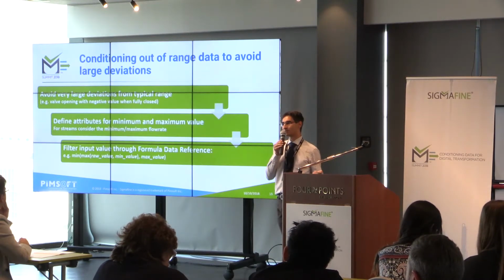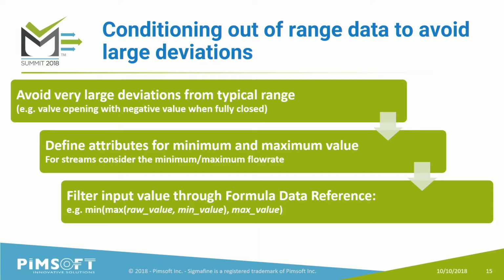Okay, but if you aggregate data on the basis of, I don't know, -5%, you're doing the wrong thing, because in Sigmafine you still expect 0 and not -5. So it makes sense instead to clip the data between 0 and 100.